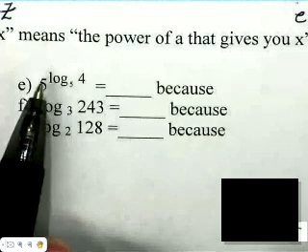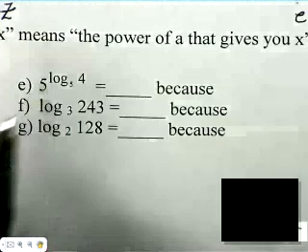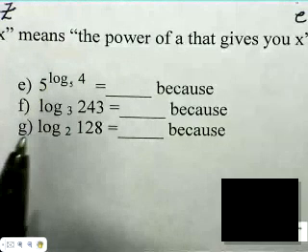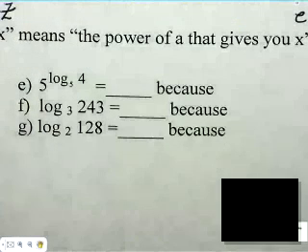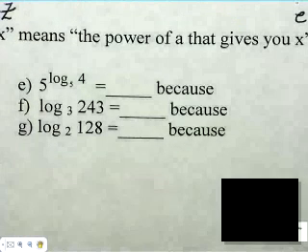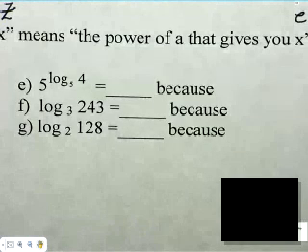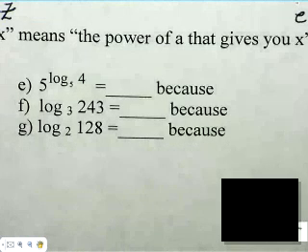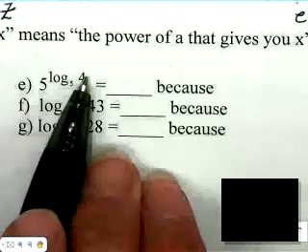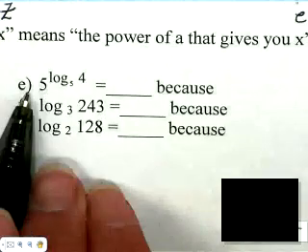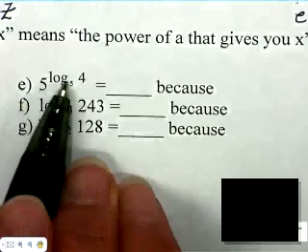Can you squint hard enough to tell me the exponent of 5 that gives me 4? Well, I know there is such a number, but I can't get it in my head. It's less than 1 is all I can tell you. I don't know the exponent of 5 that gives me 4, but I do know if I raised 5 to that power, what would I get?